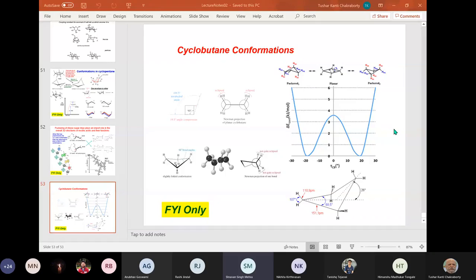Like bromine has lesser energy compared to methyl. So does that mean that bromine is preferred in axial compared to methyl? Yes. In that table, bromine had lesser energy than methyl.